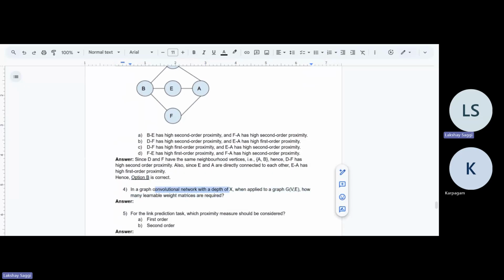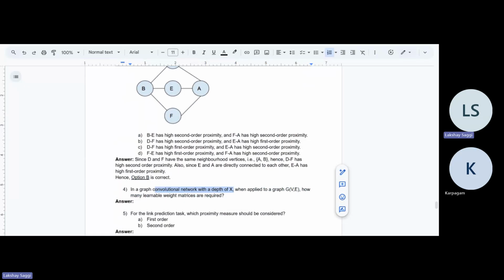But note that if the network has a depth of x, then with each depth you have to associate one weight matrix. This kind of thing we discussed in the previous week when we were discussing layers in the neural network.